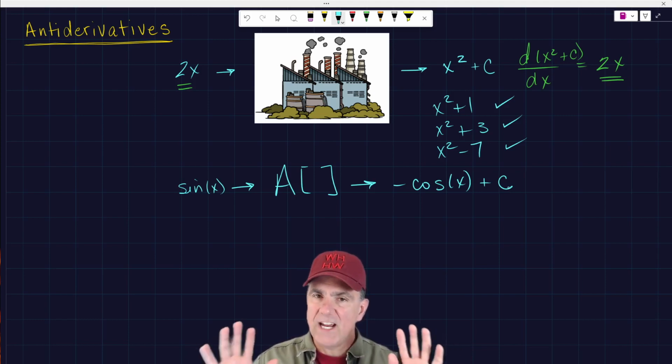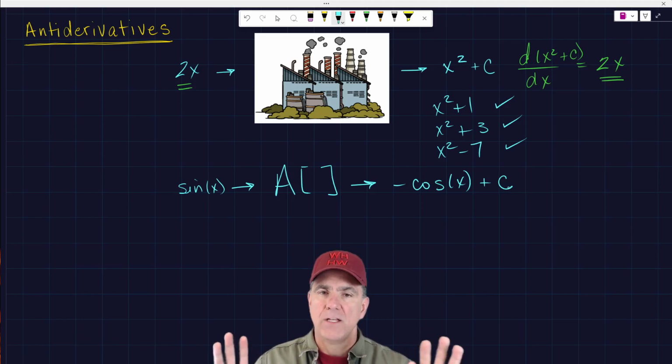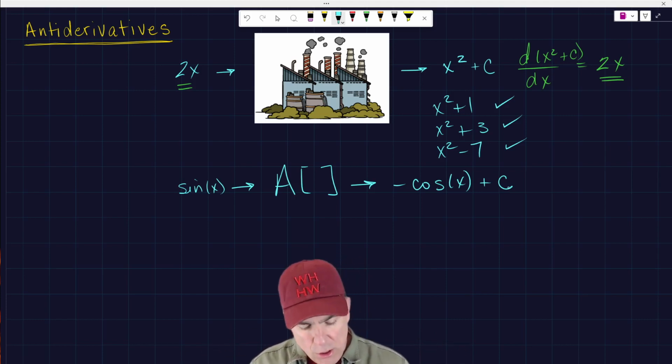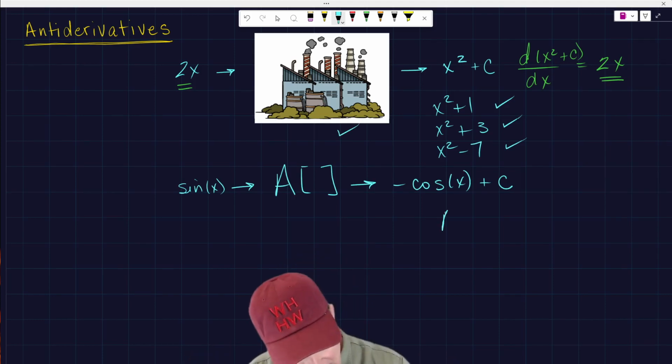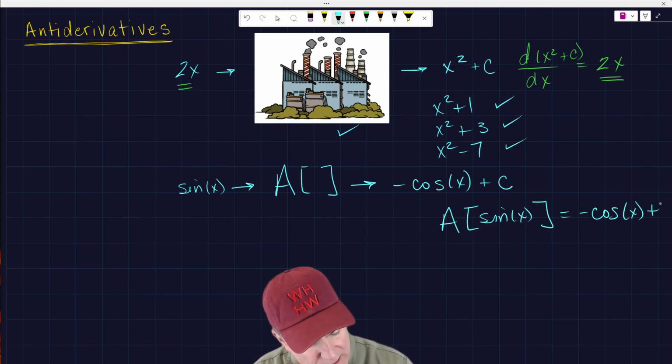I'm not going to use the word inverse right now. That's not really correct, but just think of it as the reverse of differentiation. So here's kind of the confusing part. The notation that we use is not a factory. It's not a big A. We don't say, the antiderivative of sine of x is equal to negative cosine of x plus some constant.